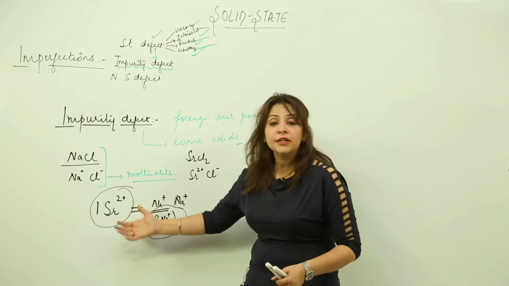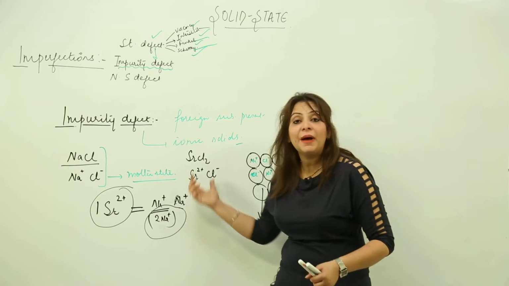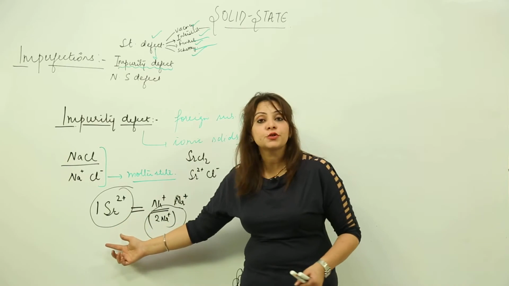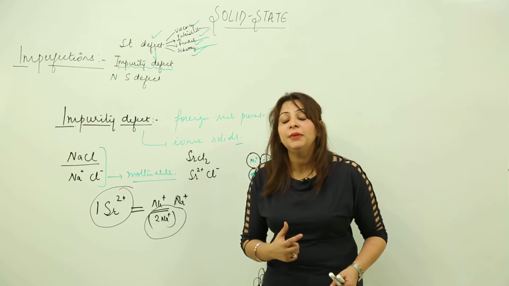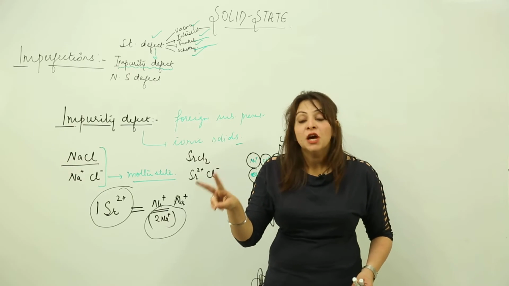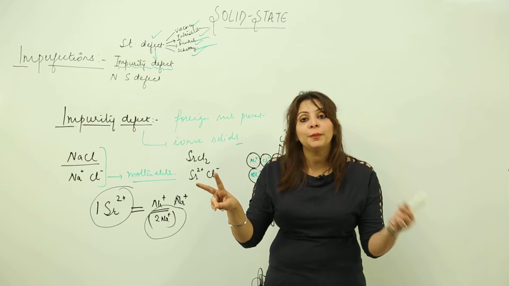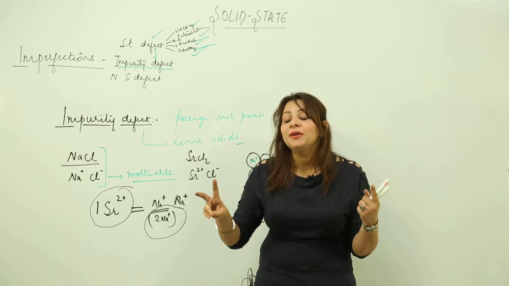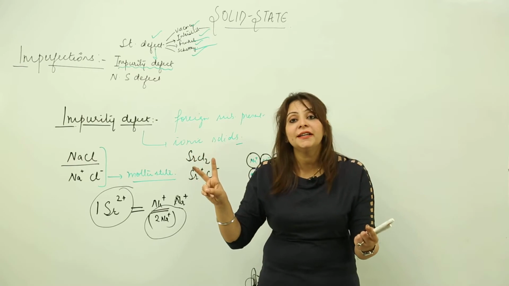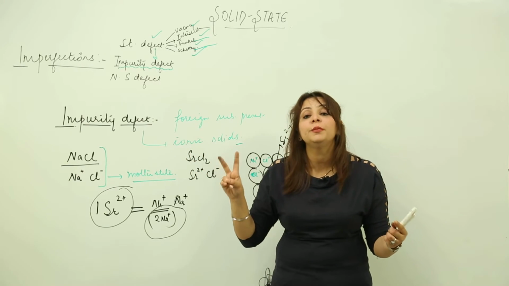Because we took 2 positive charge, it has to be balanced by 2 unit positive charge, but the charge of strontium is only 2 positive. So one strontium ion is capable of displacing 2 sodium ions, but obviously one ion is going to occupy only one place at a time. So the other place, which was created when the Na was removed, will be left vacant.